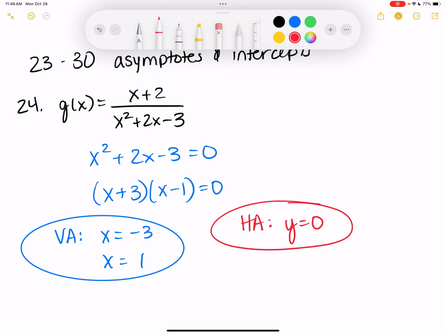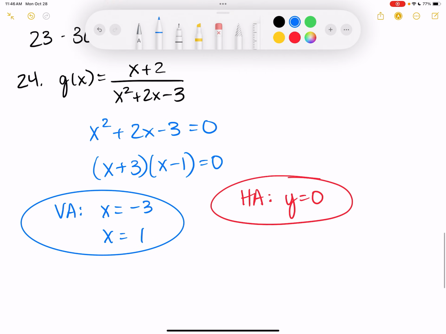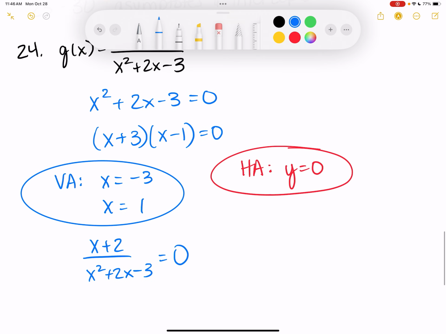So now I need to find intercepts. So to find an x-intercept, we set y equal to 0. So that would just be taking this whole thing and setting it equal to 0. So I'm going to have x plus 2 over x squared plus 2x minus 3 equals 0. But if this is equal to 0, then when I multiply by the denominator on both sides, it completely goes away.